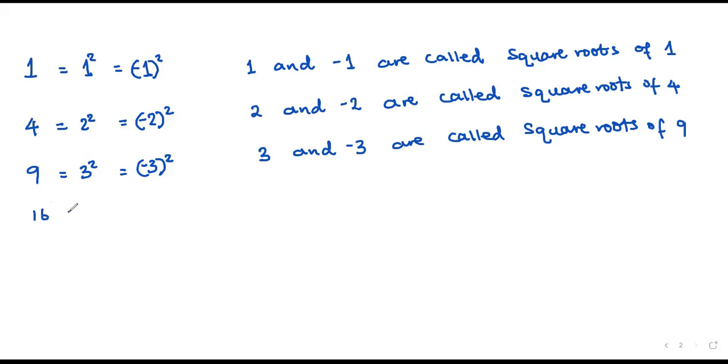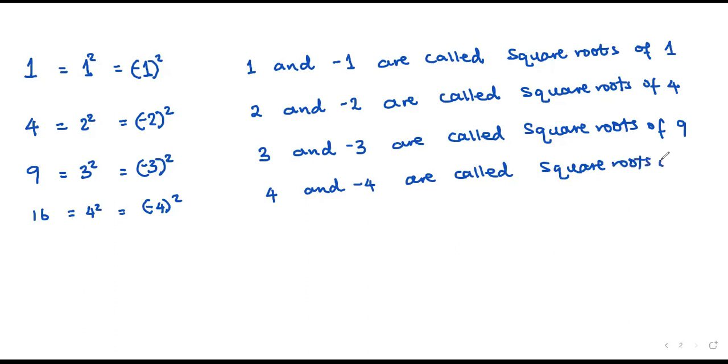Very good. So 16 is equal to 4 squared, which is equal to -4 squared. So we say that 4 and -4 are called square roots of 16.